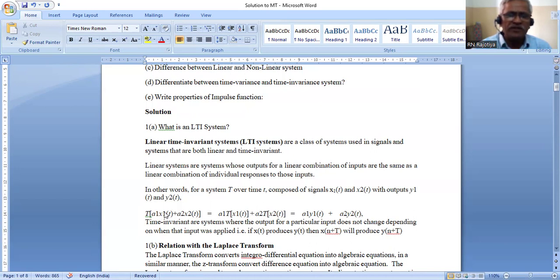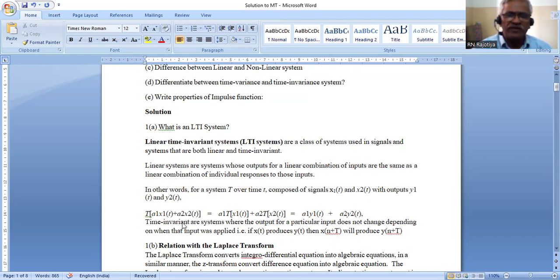This multiplication is the homogeneity, and this plus is the additive property. So this combines both the properties, homogeneity and additivity. So the transformation of the signal a1 x1(t) plus a2 x2(t) equals a1 times the transformation of x1(t) plus a2 times the transformation of x2(t), which can be written as a1 y1(t) plus a2 y2(t).